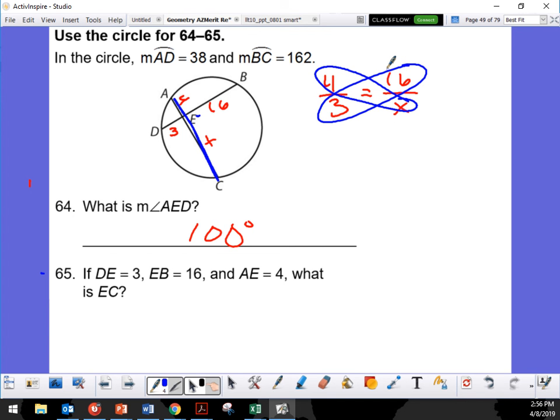I could have set it up other ways too, like 3 over 4 equals x over 16. It's the same thing. You just have to make sure that when you multiply, it's multiplying the same segment times itself. So 4x is 48, divided by 4. X is 12.